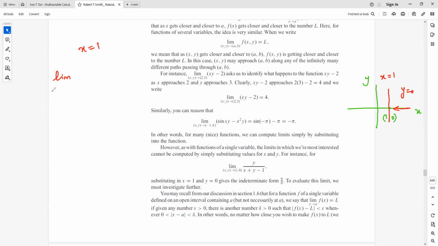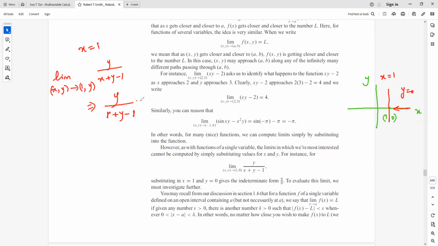Now x is 1, so we can say that (x, y) goes to (1, y), and we have y over x plus y minus 1. This implies y over 1 plus y minus 1.